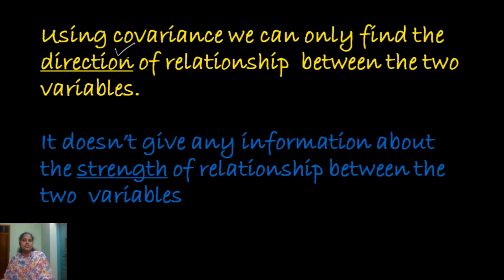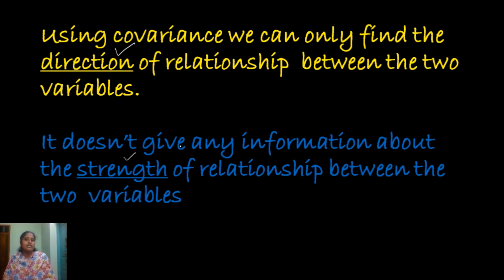That is, there exists a positive relation or negative relation between the two variables. Also, it doesn't give any information about the strength of the relationship between the two variables. Strength means how closely the two variables are related to each other. We don't know how closely they are related using the concept of covariance.